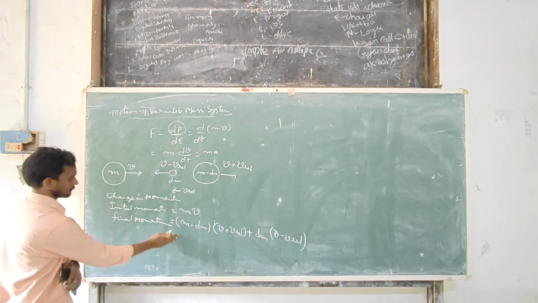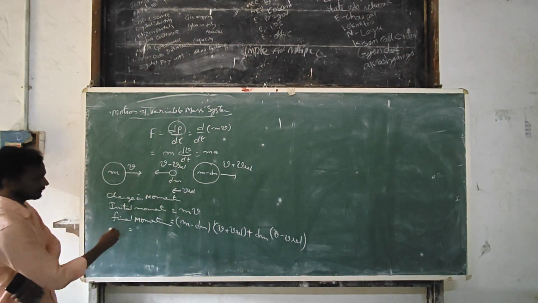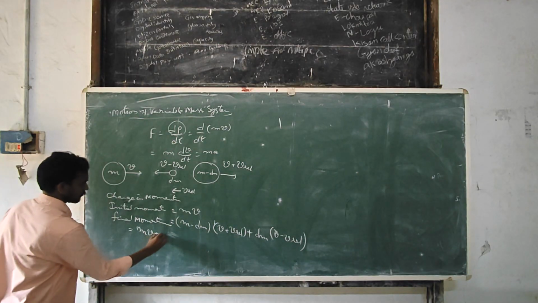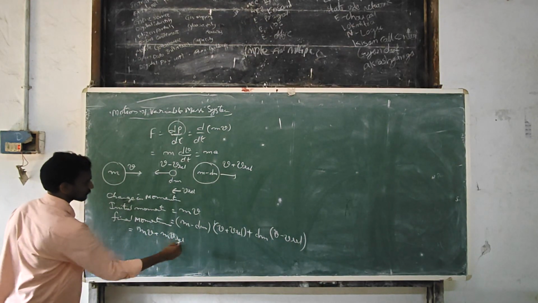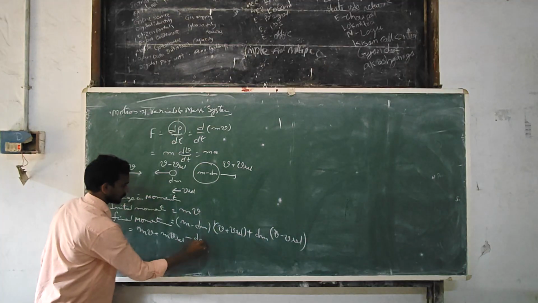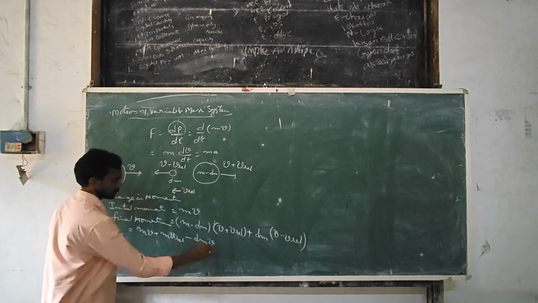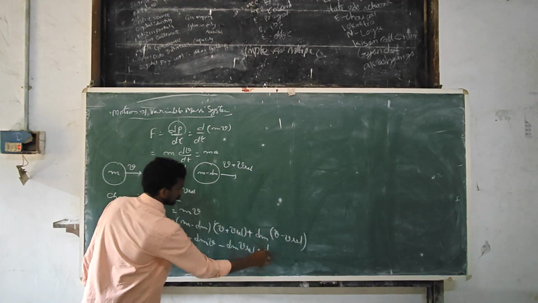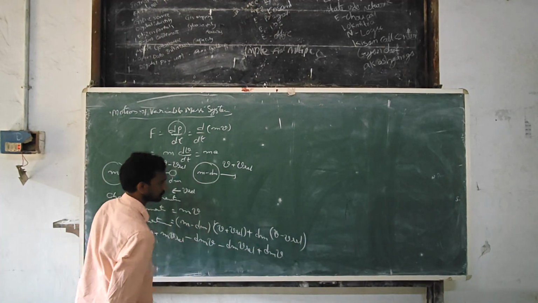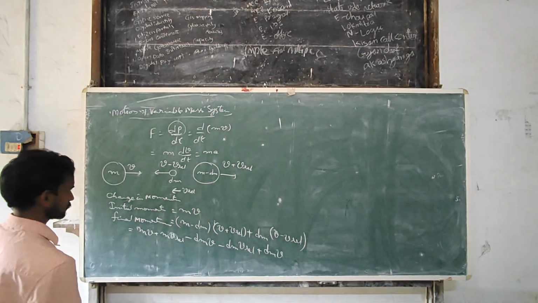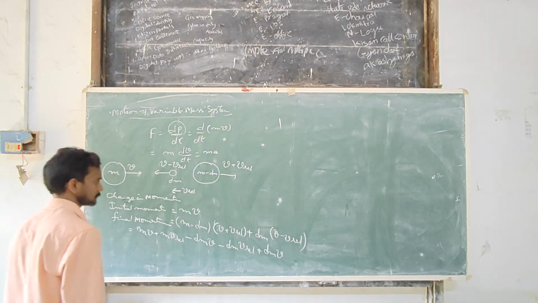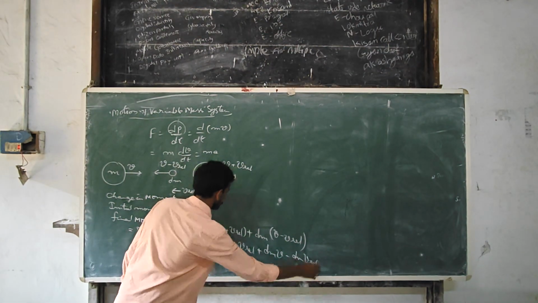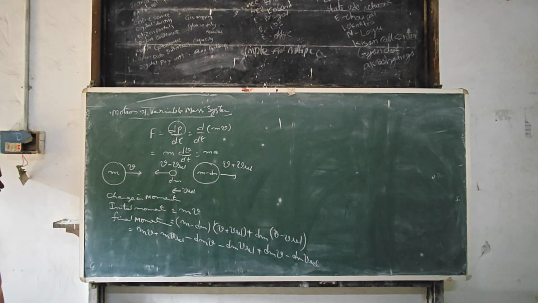Final momentum is mv plus m times v relative minus dm v minus dm times v relative plus dm v minus dm times v relative.